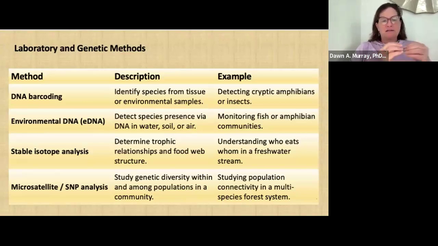A microsatellite is basically a short repeated sequence of DNA, like 1 to 6 base pairs long, and it varies in the number of repeats among individuals. So it's a high degree of variability. That polymorphism makes them really good ways to distinguish individuals, and you can study closely related populations. You can use this to study population connectivity, for example, in a multi-species forest ecosystem. That's one way people have used it.